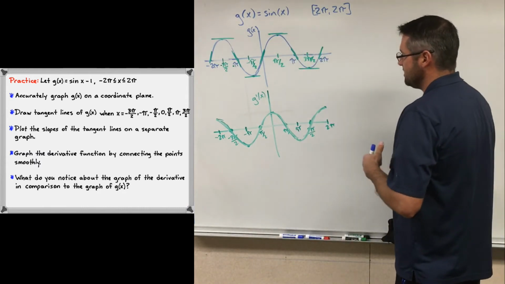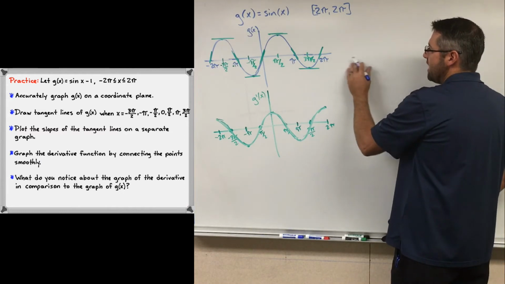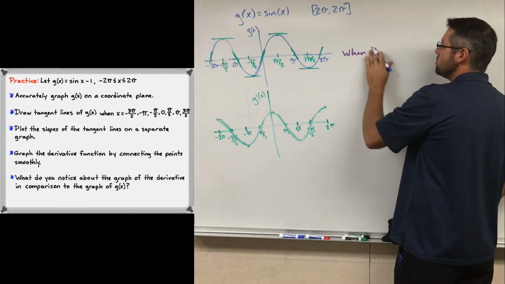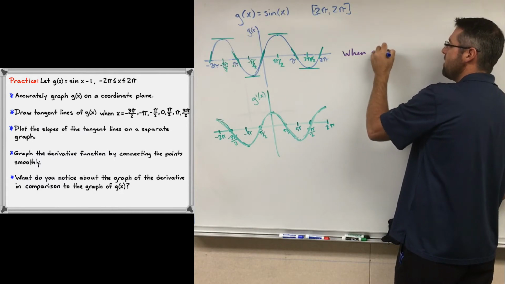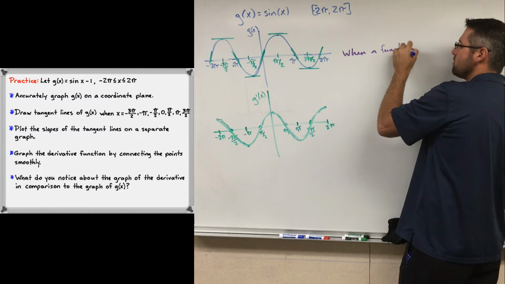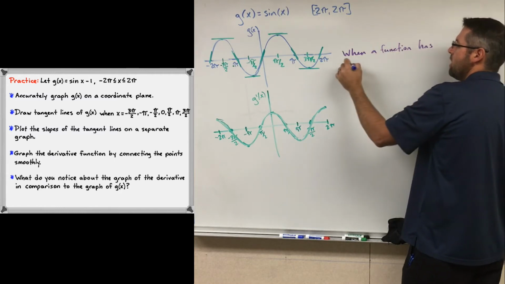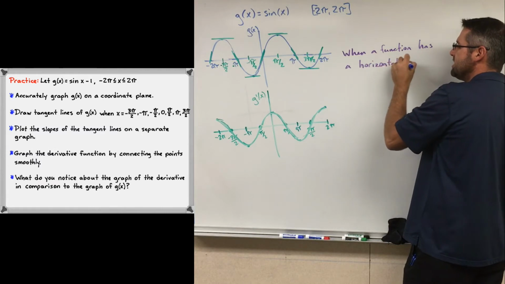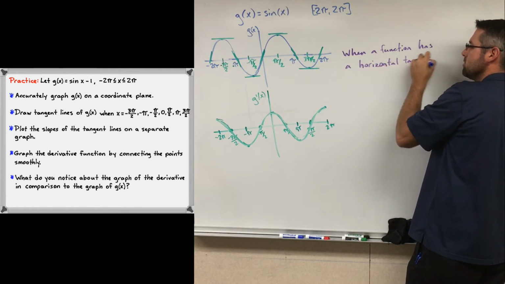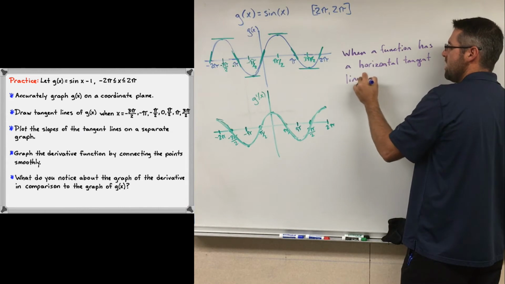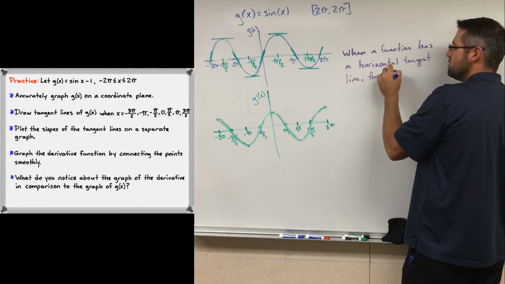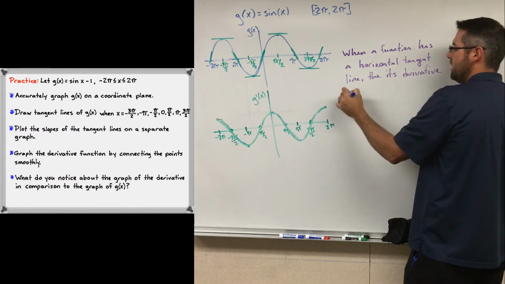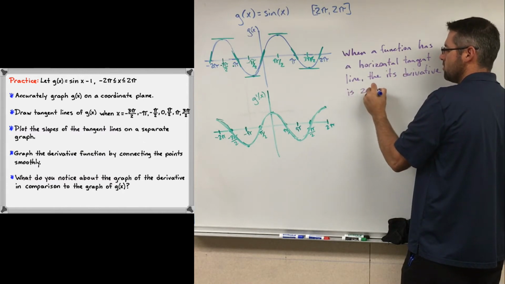We would say this. We would say that when g of x, or when a function, let's just do it in general, when a function has a horizontal tangent line, then its derivative is 0.